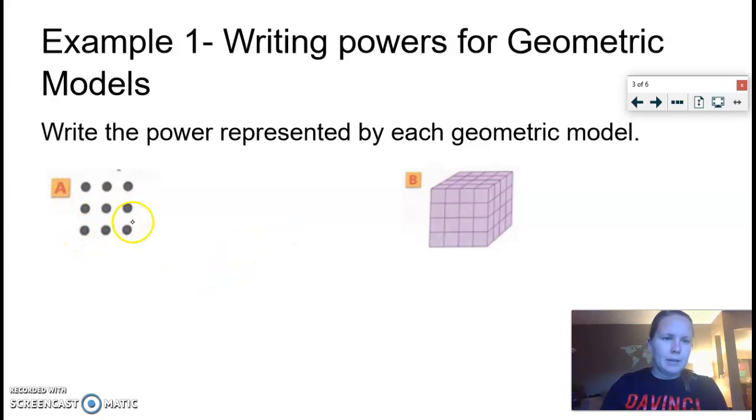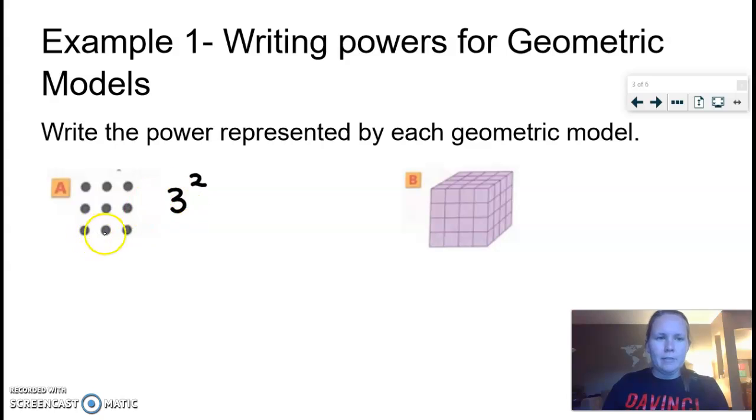In this case, if I count all these up, it looks like I have 9. And to get 9, I would have to have 3 squared. That is the only thing to a power, other than 9 to the power 1, that would give you 9.